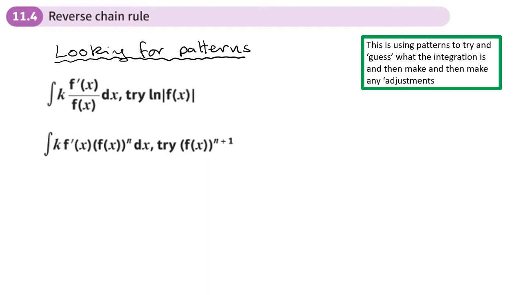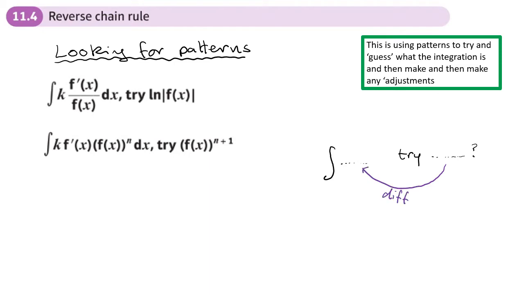answer. So for example, when you want to integrate something, you might not know exactly what the answer is, but you might want to try something. So let's say you try some expression and you want to see how good your try is. Now what you would do is you would get what you've tried and you would differentiate it.